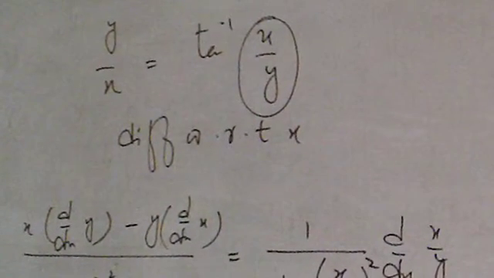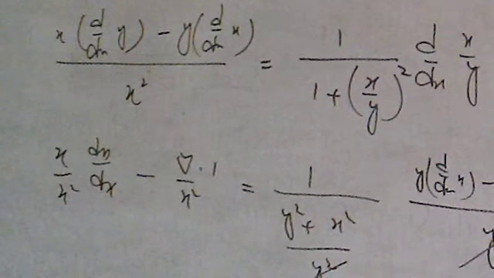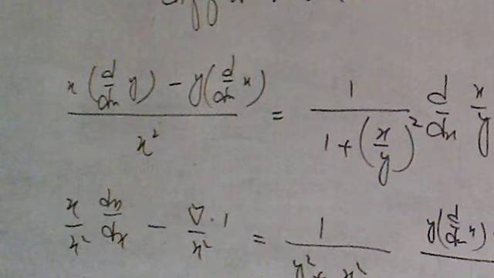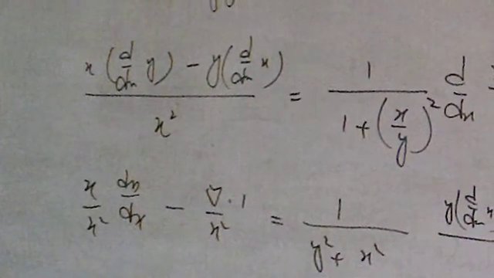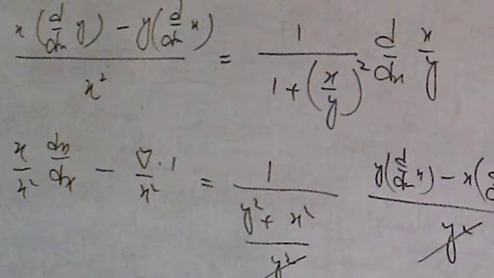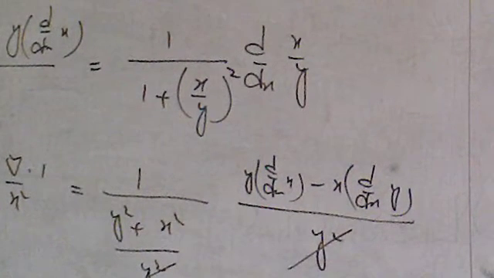In place of x we put x over y, and then differentiate the angle x over y. Here the derivative of y is dy by dx and the derivative of x is 1, and we place the denominator on every value, and then apply the quotient rule, n over d.